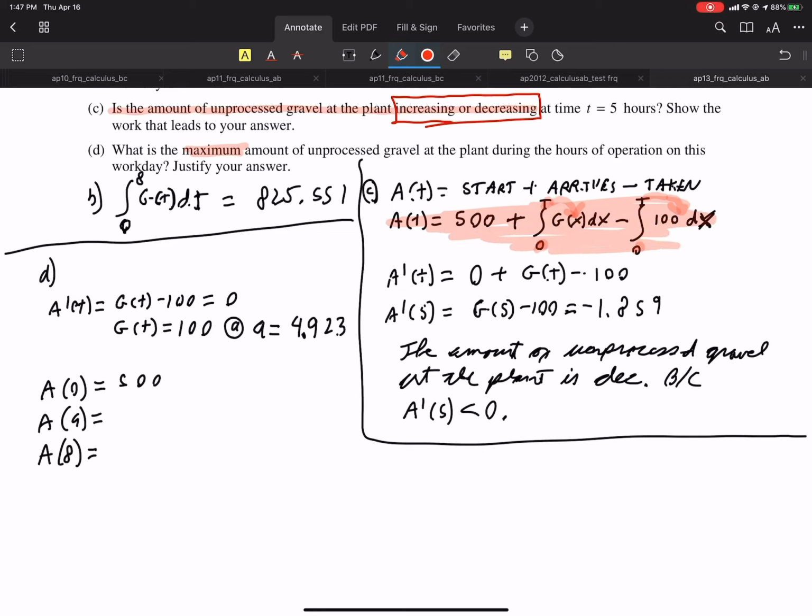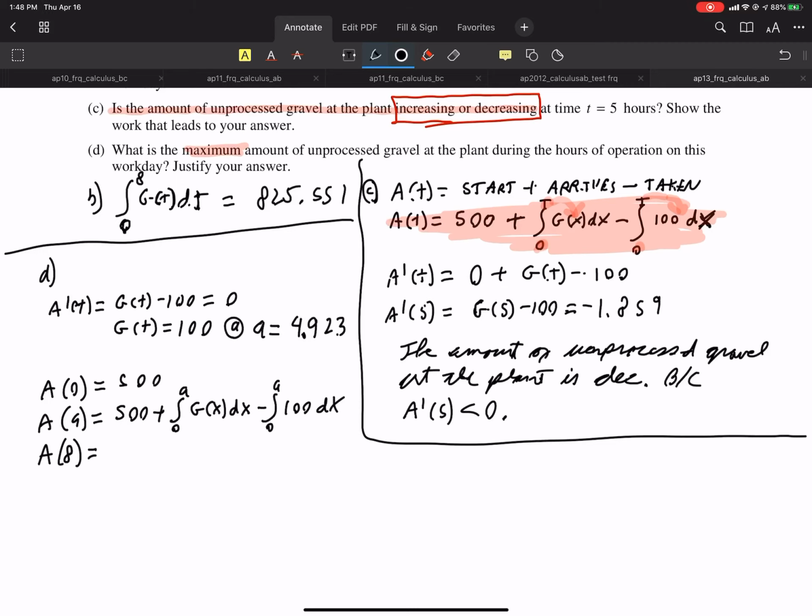So you take that formula, the amount of gravel at any time is given by that. So it's 500 plus the integral from 0 to A of g of x, and that could be y1 also because we defined that as y1, minus the integral from 0 to A of 100 dx.